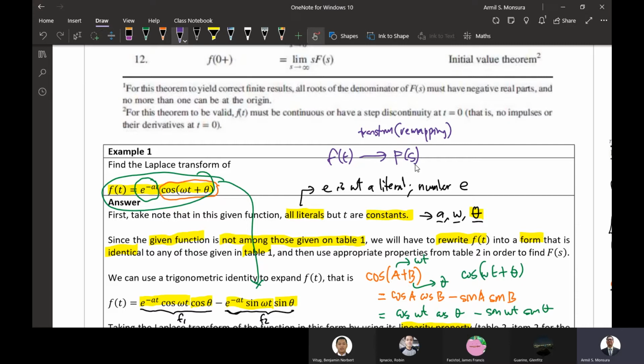Okay? So, kaya arrow yung ginamit ko, hindi equal sign. Okay? So, whenever you have a problem of Laplace transform, or whenever you're asked to find the Laplace transform of a function f of t, okay? Ganito yung proseso natin. From f of t, gagawin natin siyang F of s.